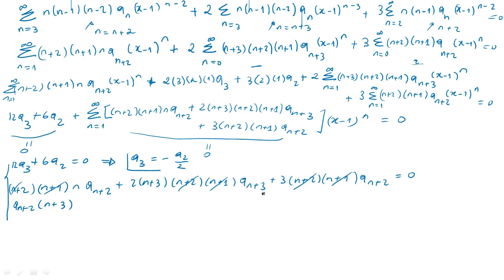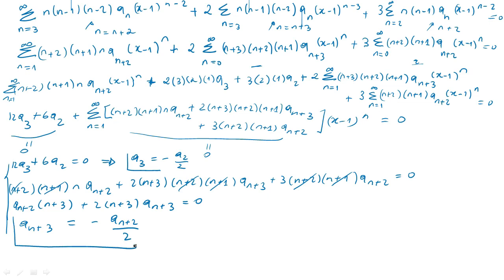So (n+2)(n+3) a_{n+3} is equal to 0. This is to say a_{n+3} is equal to, if we bring this one the other way, negative a_{n+2} over 2.